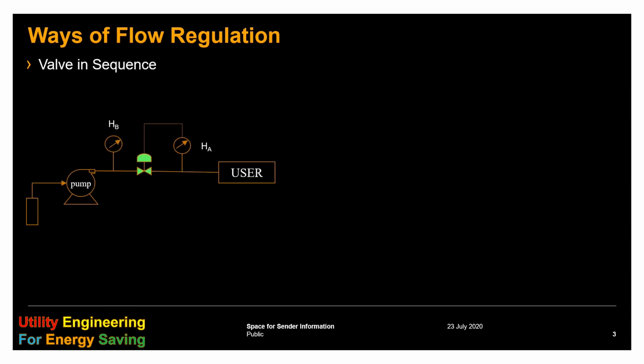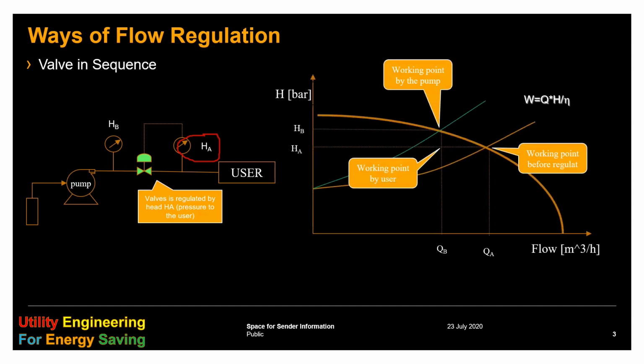In case of the regulation in sequence, the valve is actually changing the flow through the pump while keeping constant delta P before the user. So this value is constant. This has the effect to increase delta P after the pump, and the head curve of the load changes, it becomes the green one, and the working point, which is the intersection between the first one and the head curve of the pump, moves backward.